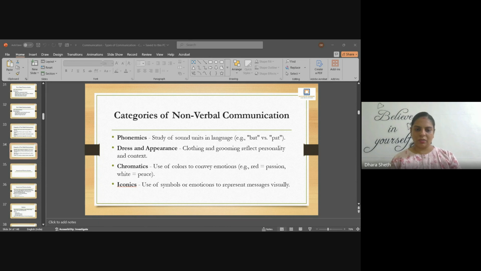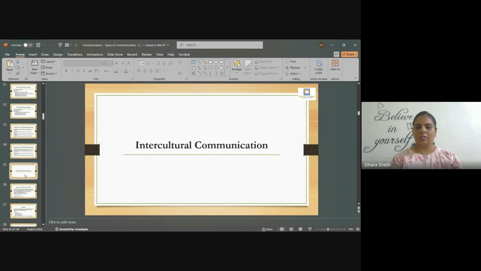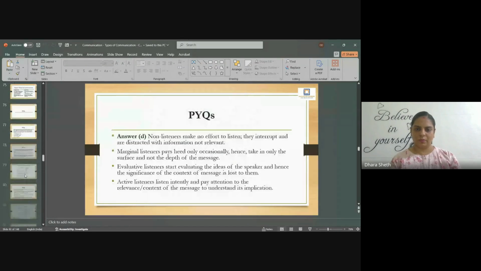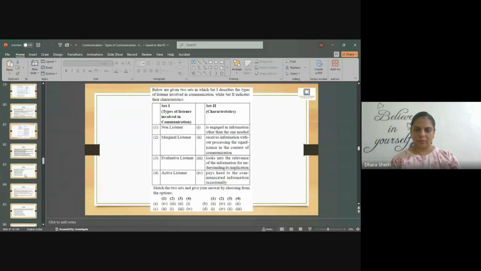So let's do a few questions. These are a few kinds of listeners: non-listener, marginal listener, evaluative listener, and active listener. And opposite to them is a set of characteristics.